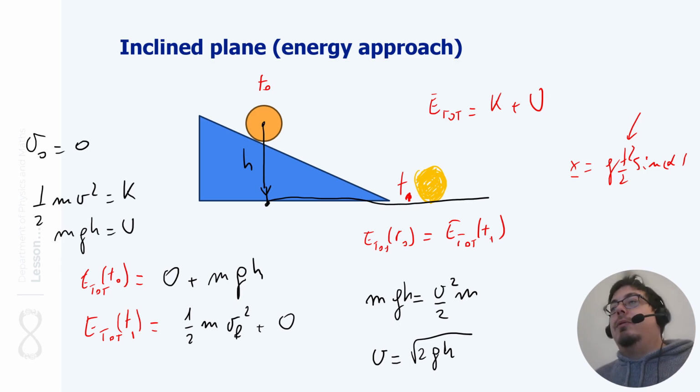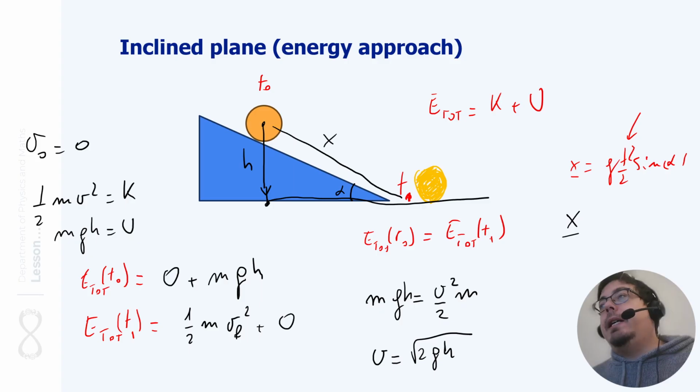But if you want to see where the angle went, it is exactly in the definition of h, because this distance here is the displacement x. So we know that h divided by x is exactly sine of alpha.